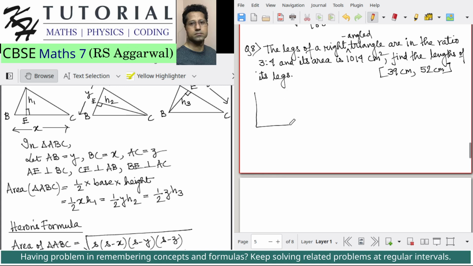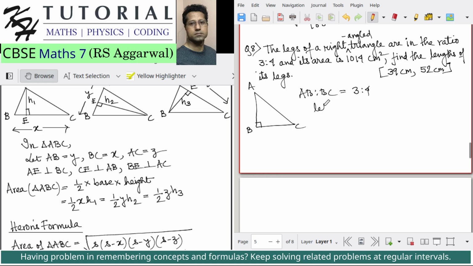Okay, so we have the right angled triangle ABC, right angled at B, and so AB and BC are the legs or arms. So since it is given, AB is to BC is equal to 3:4.